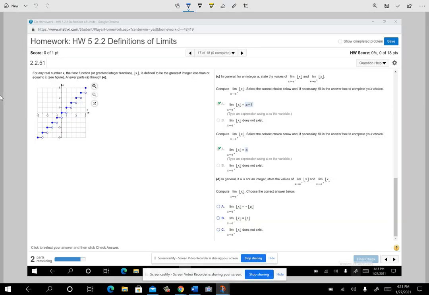Okay, so on this one, A is not an integer. Here, A was an integer. So these were if A is an integer. That's what you answered on these. This one is if A is not an integer.